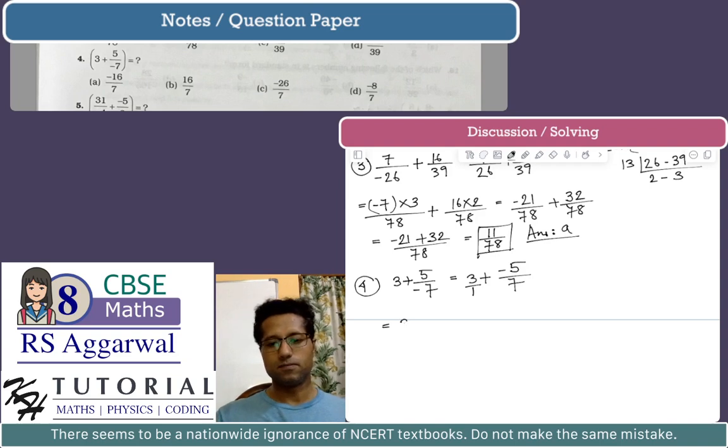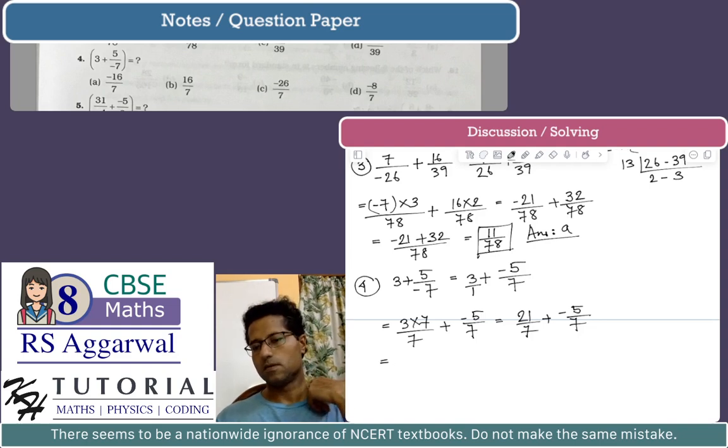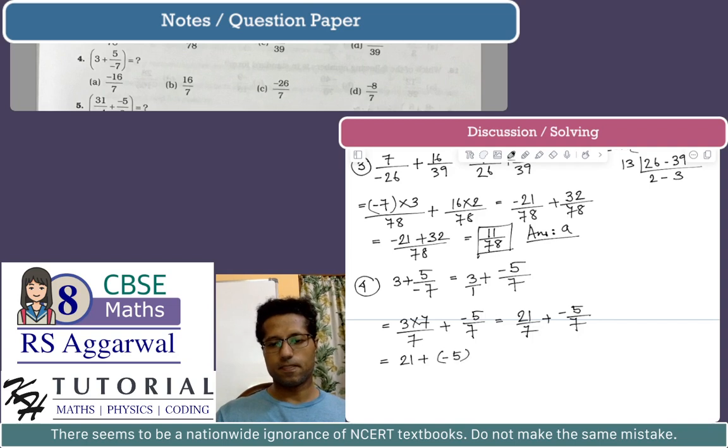So this will become 3 into 7 by 1 plus minus 5 by 7. This is equal to 21 by 1 plus minus 5 by 7, and this will not be 1 but 7. So now we have the denominator same, we just add up the numerators, the sum of numerators divided by the common denominator.